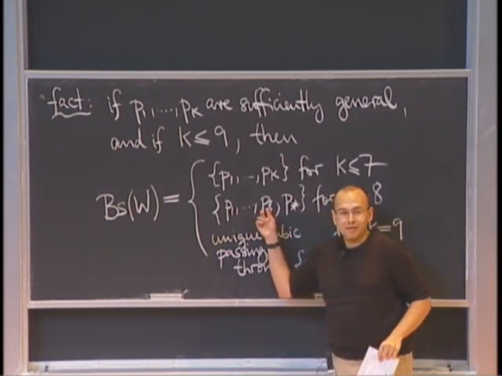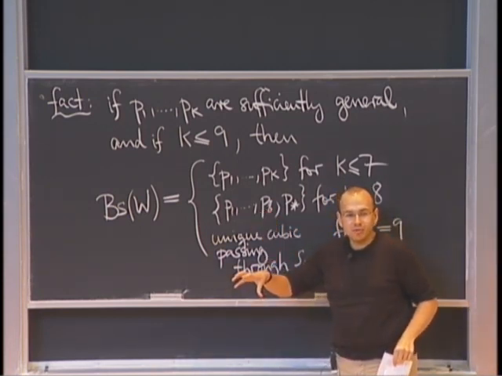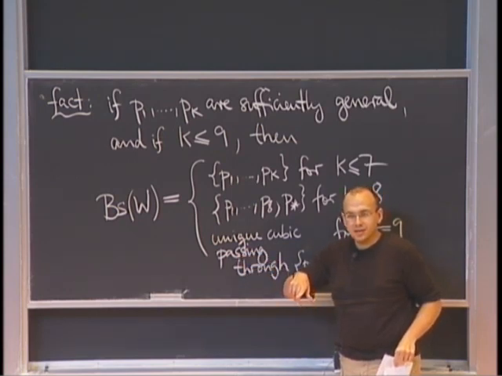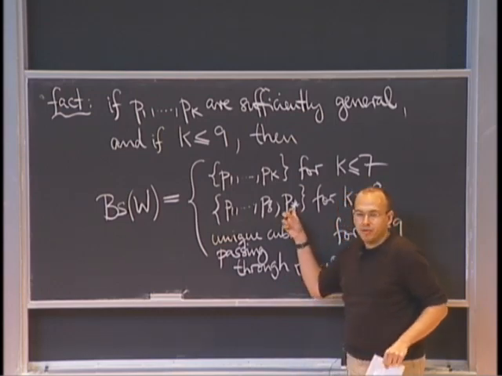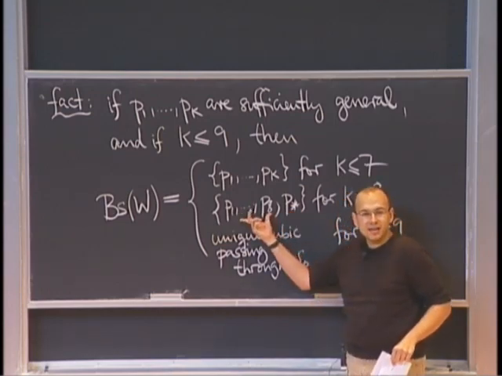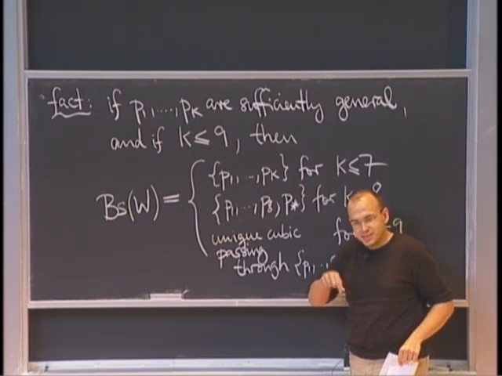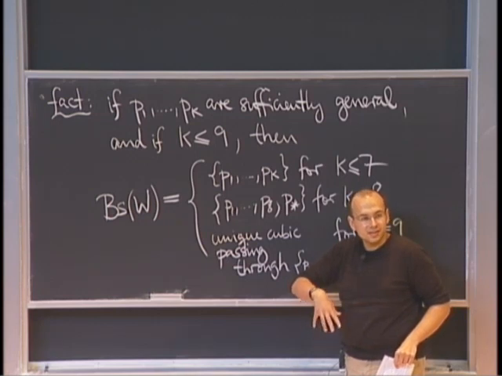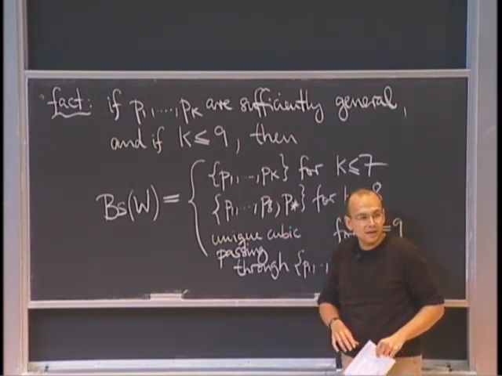So the moral is here: if I take 8 sufficiently general points in the plane, and a cubic passes through these 8 points, then there's one other point P star that only depends on these 8 points, so that the cubic necessarily has to pass through that point as well. And there's a one parameter family of cubics satisfying that property.